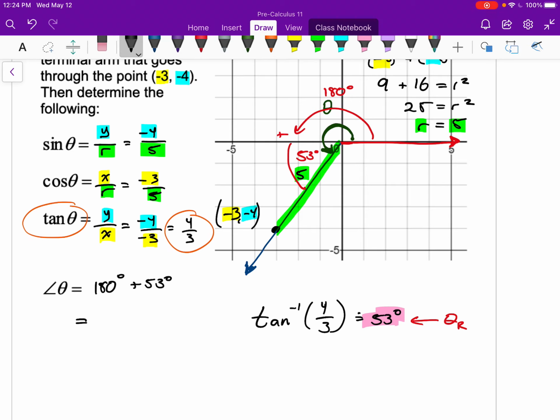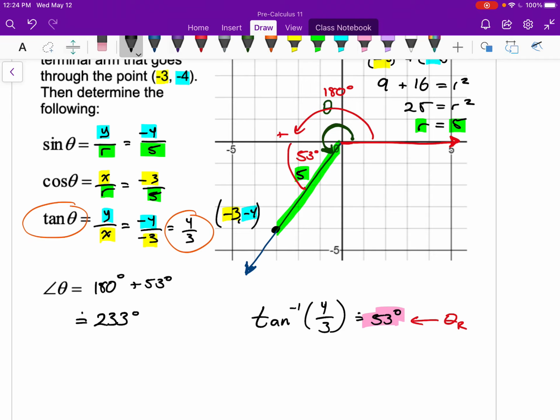So that angle I've sketched out early on is about 233 degrees. I say about because I did round 53. And so keep in mind that by me using the calculator, the inverse tangent function to get that 53 degrees, that 53 degrees wasn't my answer, but it wasn't meaningless either.